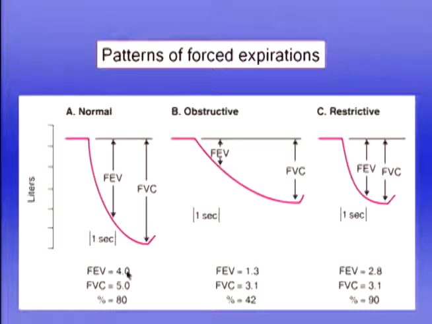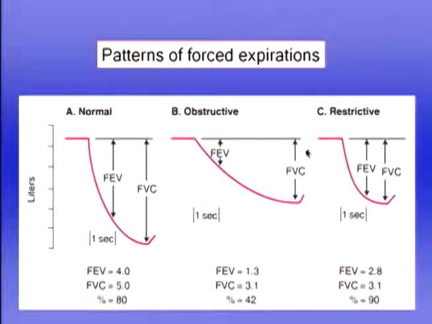And so the ratio of FEV1 to FVC was 80%. Now, of course, there's some variation around the sizes of the FEV1 and the FVC, depending on the stature and the age and the gender of the patient, but the percentage is normally about 80% in young normal subjects.